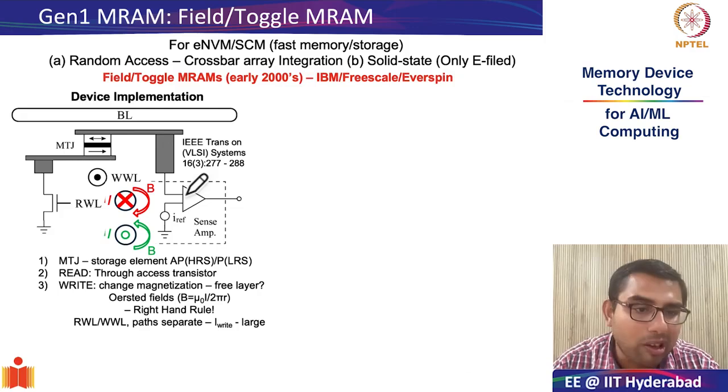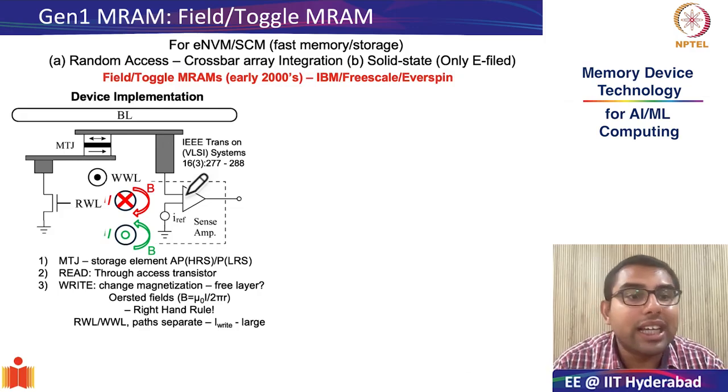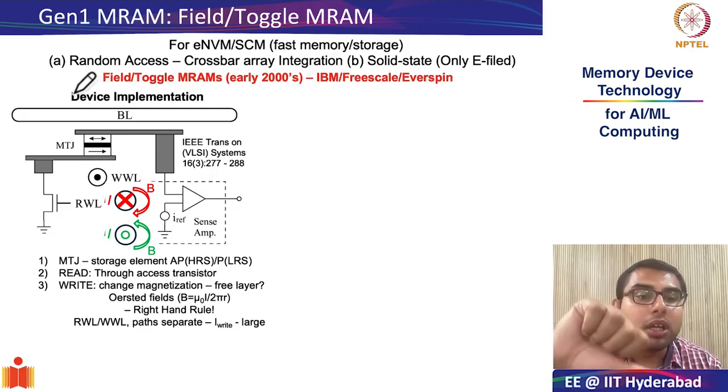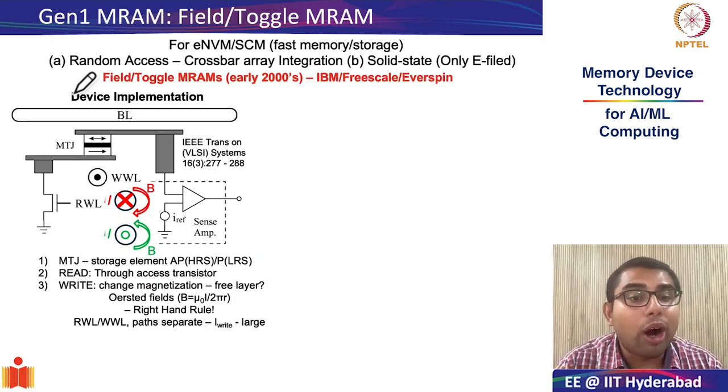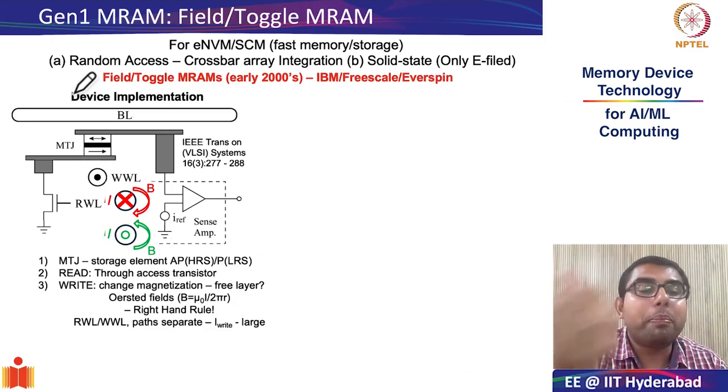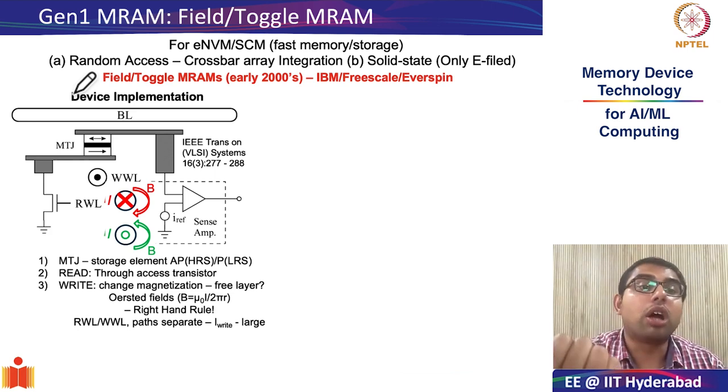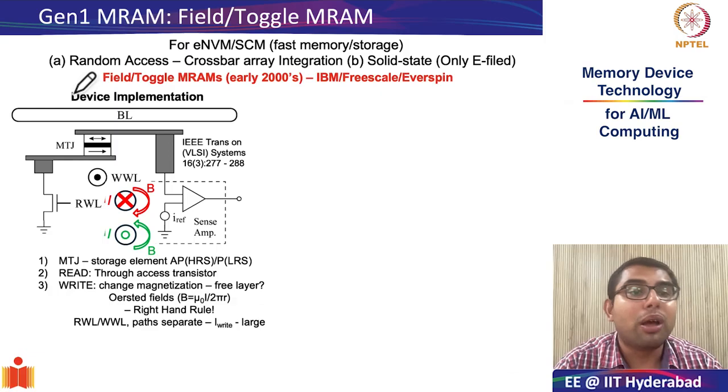What about write? In write, as we understand, you have to flip repeatably the magnetization of the free layer. How do you facilitate the flipping of the magnetization or majority spin direction in the free layer? This is done by a principle which all of us have studied in our high school physics.